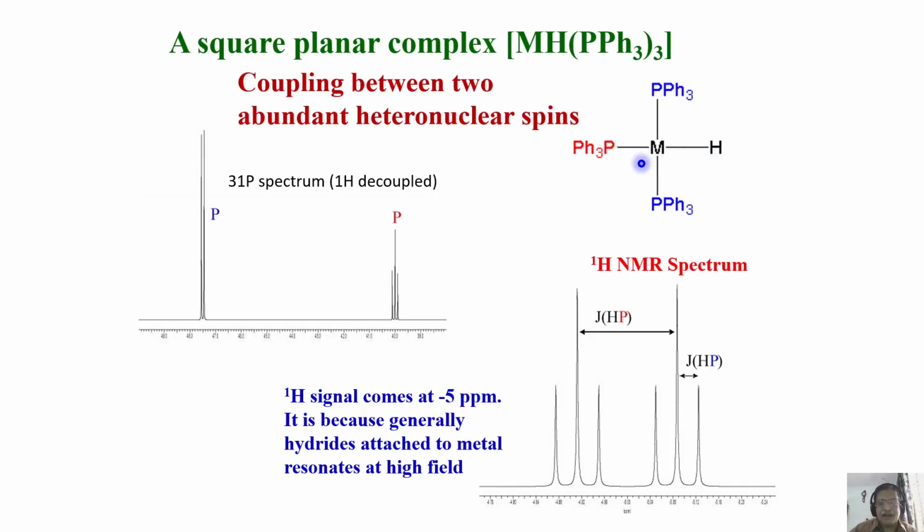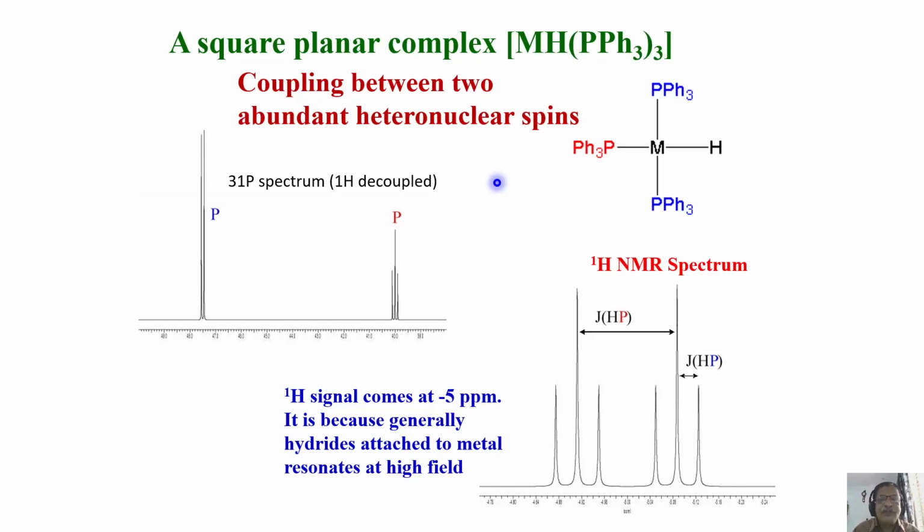To simplify the spectrum, protons are decoupled. Remember, I explained to you the carbon-13 NMR. We can completely remove all the couplings of protons to all carbons by broadband decoupling. Exactly, you can do this. I said at that time also, this type of broadband decoupling is not restricted only to carbon-13.